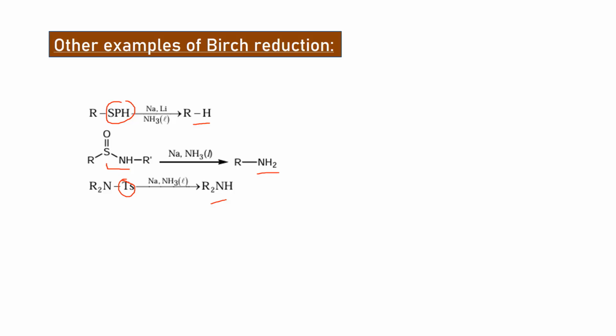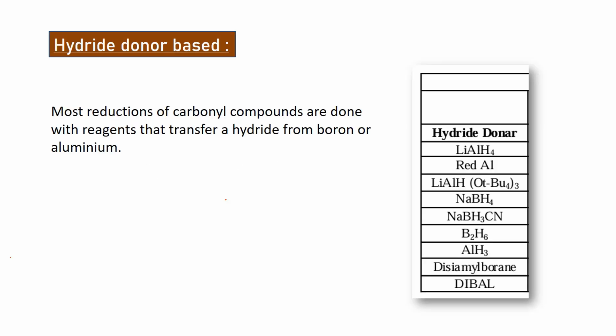Okay, so let's go to today's topic. Today's topic is hydride donor based reducing reagents. Most reductions of carbonyl compounds are done with this type of reagent that transfers a hydride from boron or aluminium.